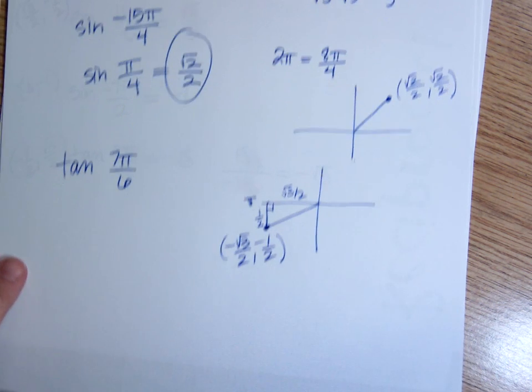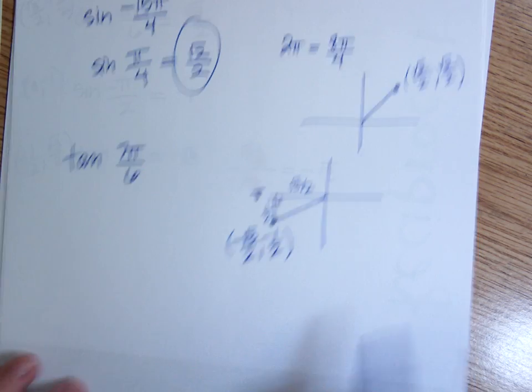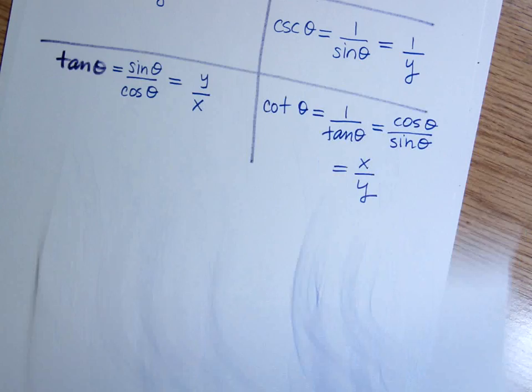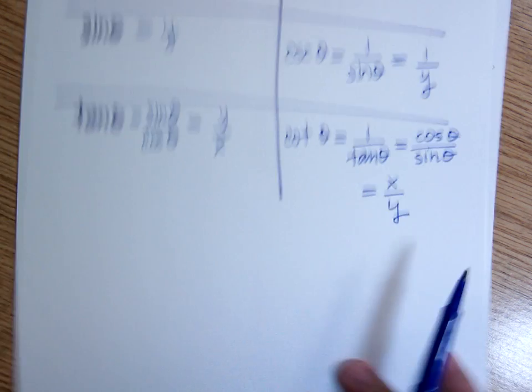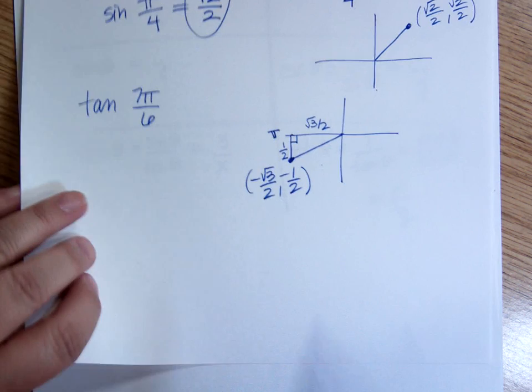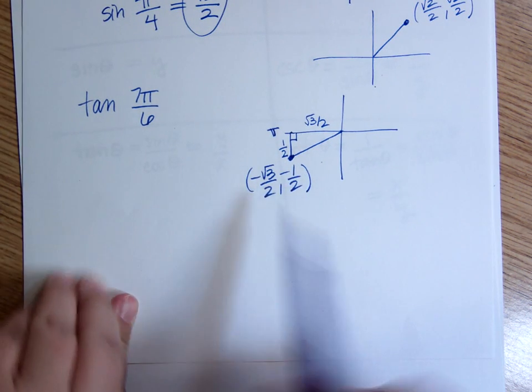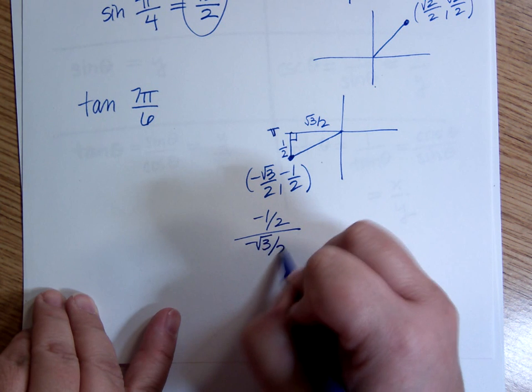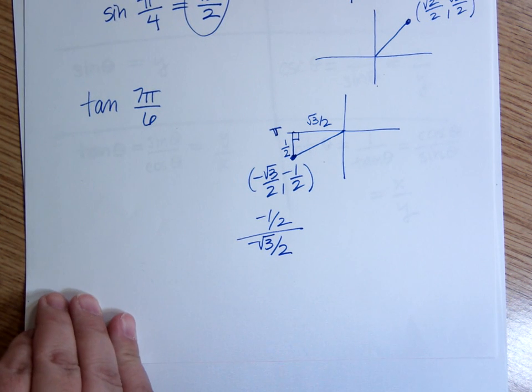Now if I'm doing tangent, remember it's sine over cosine, which is your y value over your x value. So it's this one over this one. Notice that's negative over negative. It's going to cancel and be positive.